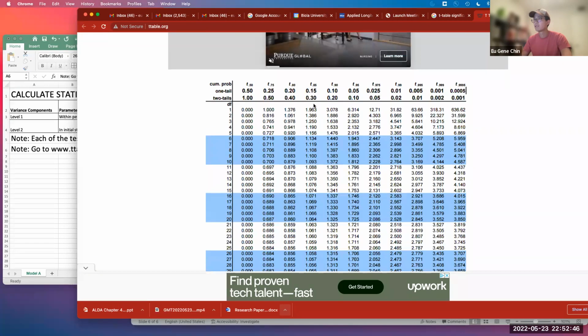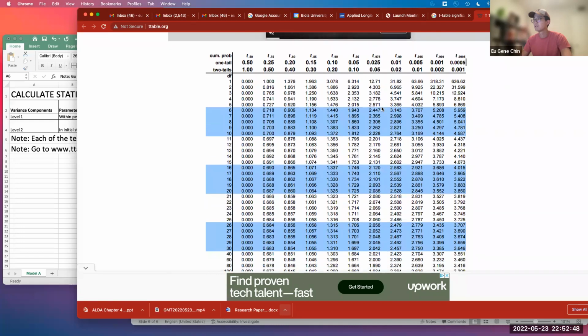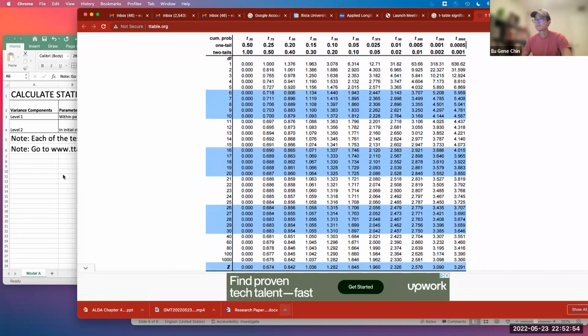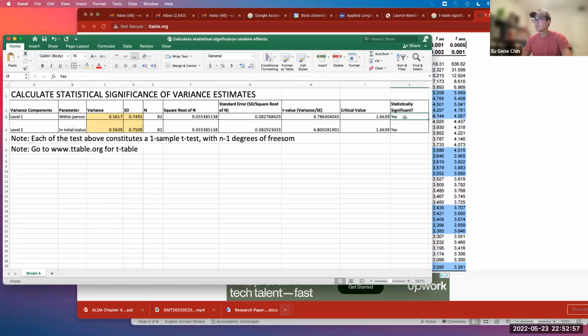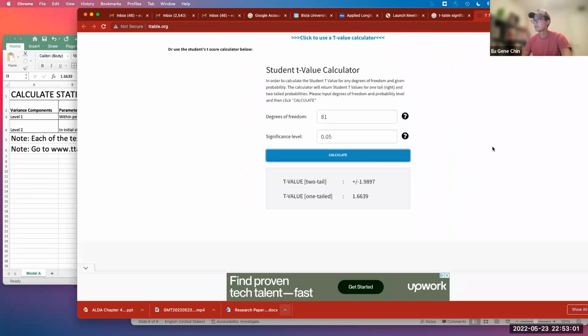Or you can also look at this particular table here and get an estimate based on the degrees of freedom and whether it's a two-tailed or one-tailed test. So the critical value is, I might have messed it up.